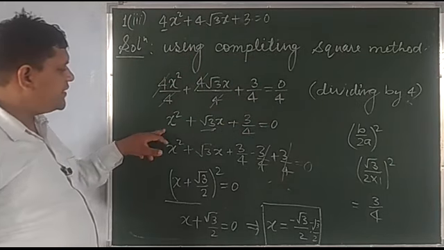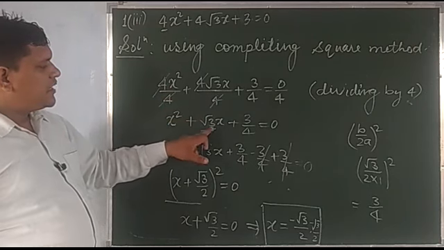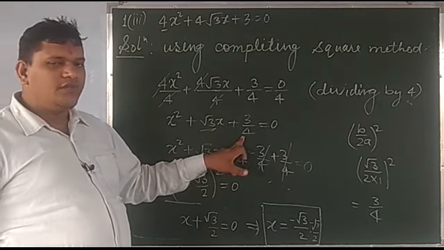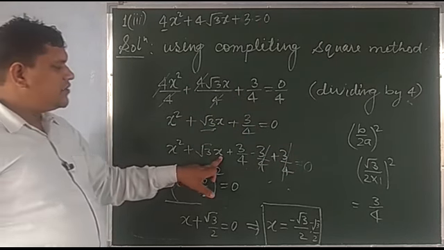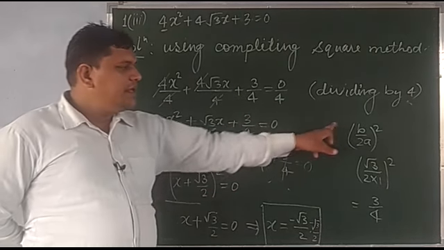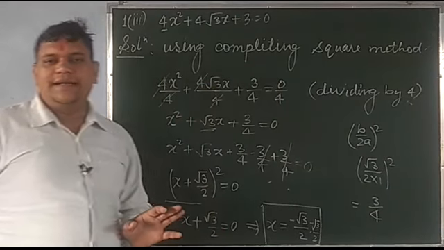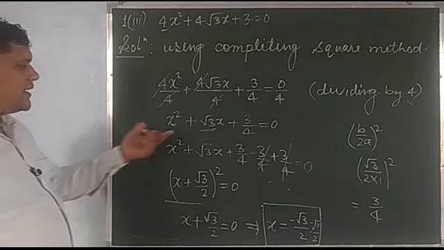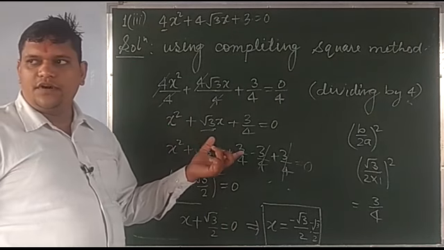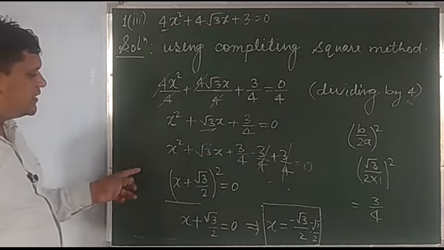And now we solve it, we get x square plus under root 3 x plus 3 upon 4 is equal to 0. Then x square plus under root 3 x plus b upon 2a whole square is added and subtracted. We are following the completing square method. You can directly solve it, but here we are following the completing square method.